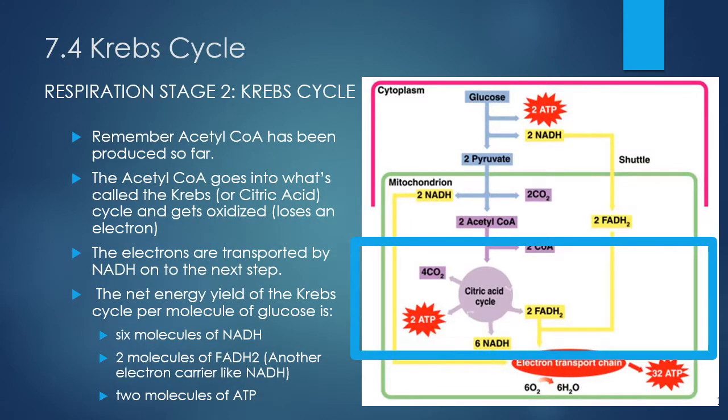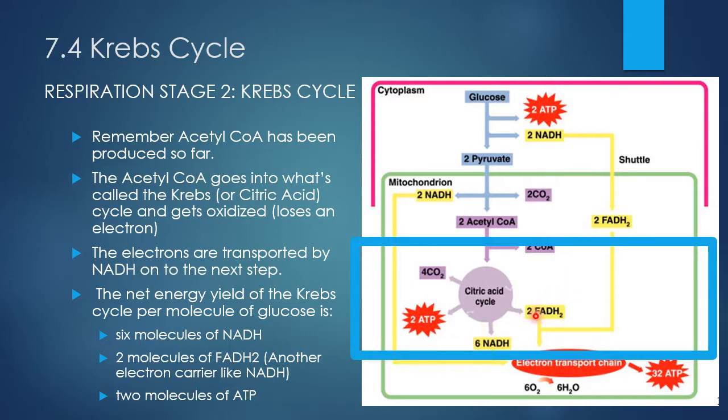And this next step, the second stage of respiration, is called the Krebs cycle or the citric acid cycle. And so remember, we have acetyl-CoA that's been produced so far, right here. The acetyl-CoA goes into this cycle and gets oxidized, which means it loses an electron. So that electron's given off as a couple different electron carriers: the NADH that you've heard of, and then FADH, which is similar to NADH.